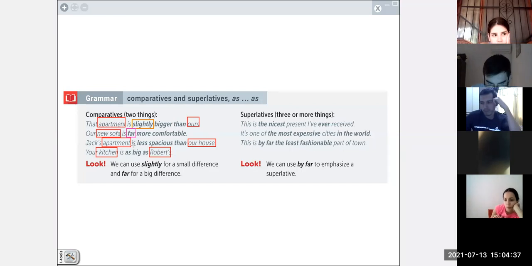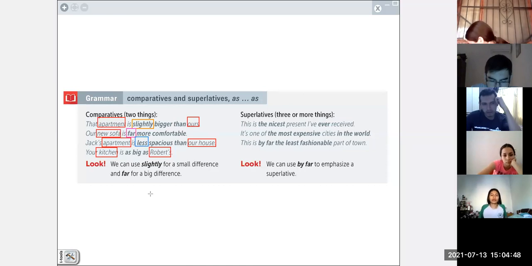What about less? Less spacious than. Yes. It's the opposite of more, right? Es lo opuesto a more. Generalmente nosotros explicamos los comparatives y ponemos more spacious than. Cuando el adjetivo es largo, spacious, ocupamos more, ¿cierto?